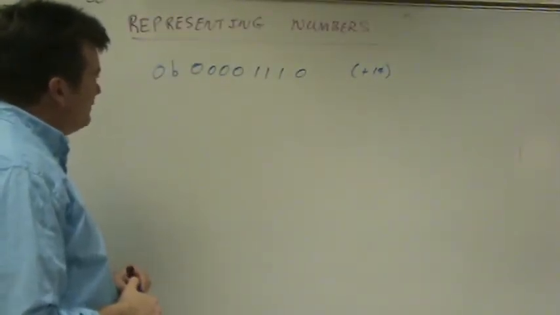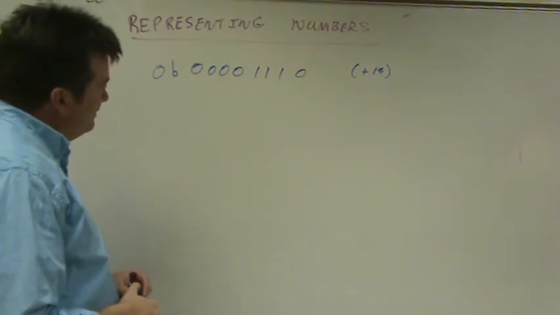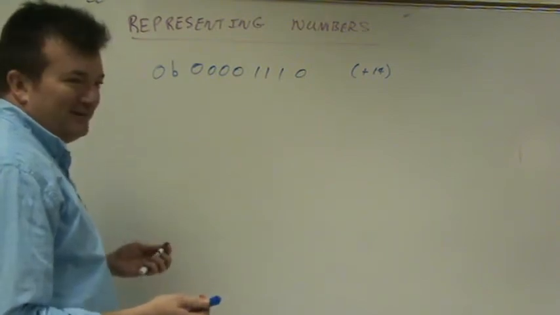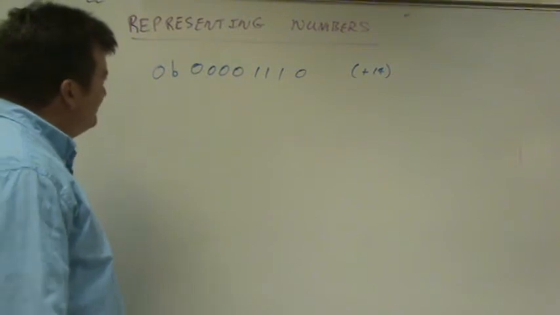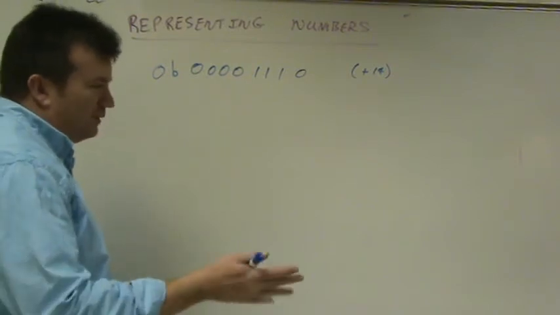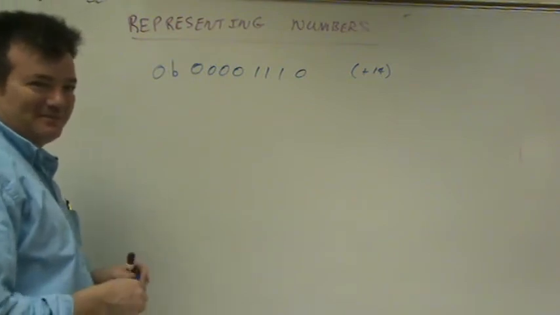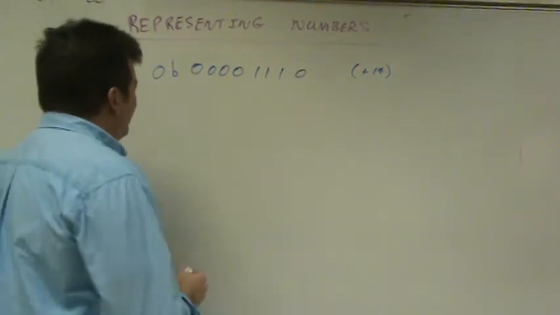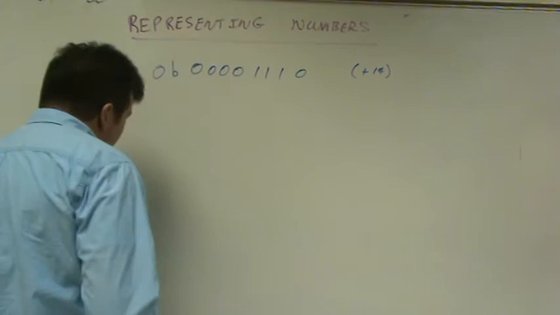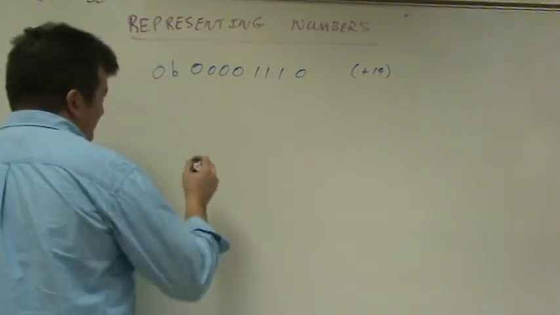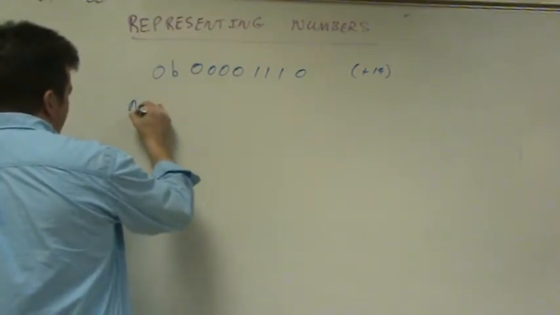One way we could represent negative numbers is to pick a bit, and we'll say if that bit is one value, it's positive, and the other value, it's negative, right? Could do that.